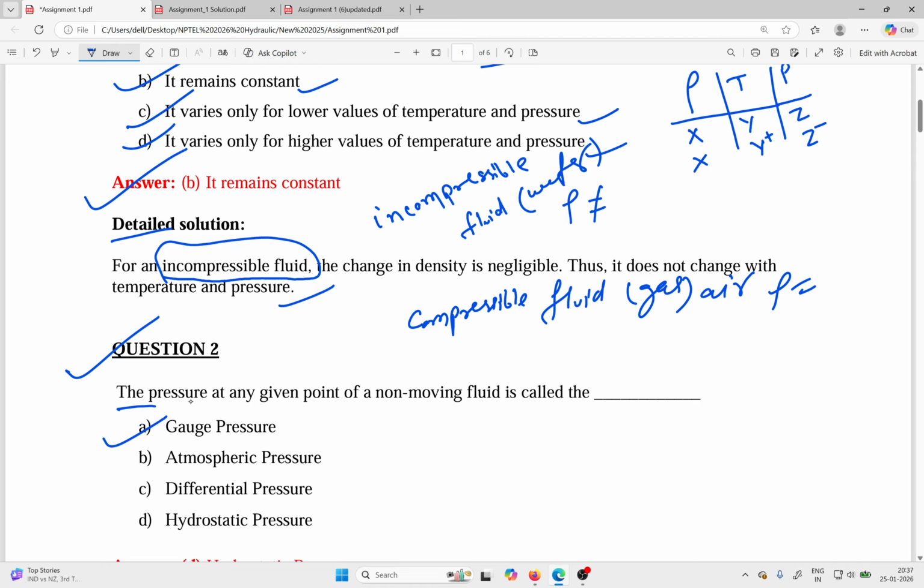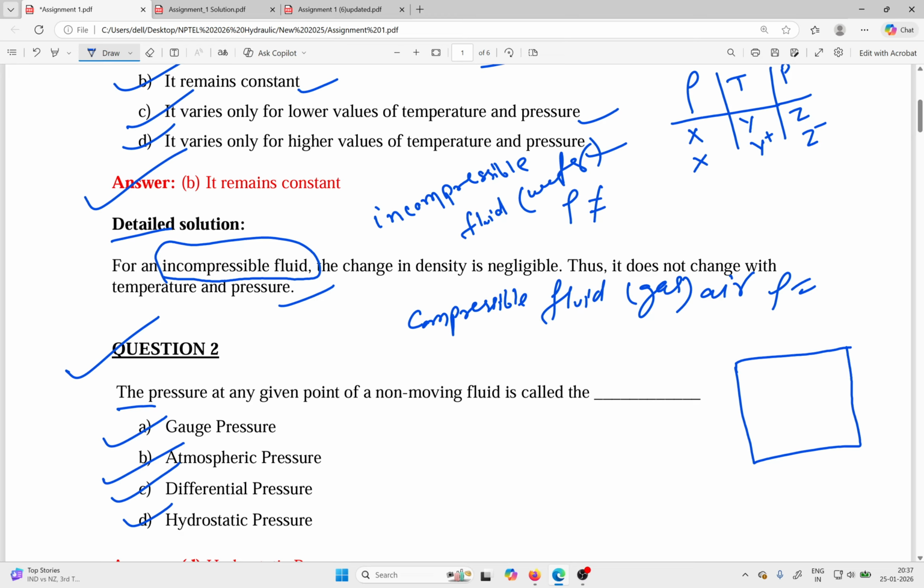Remember please, a non-moving fluid means you have some container, and within the container the fluid is not moving, surrounded by the wall.